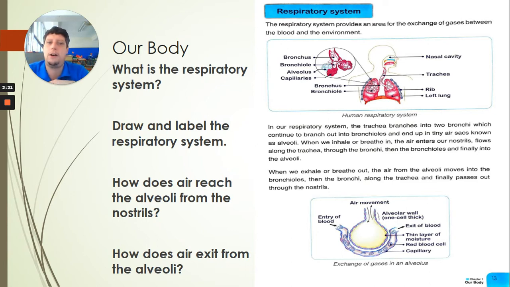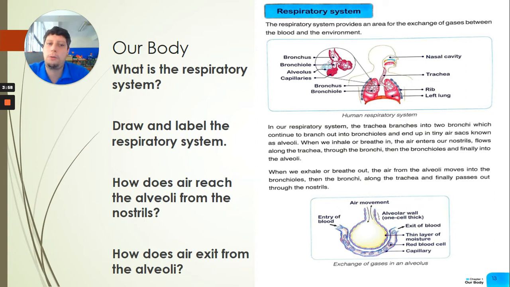After that, it goes into different sacs, and the different sacs are known as alveoli, which is the alveolus up here, okay? They're the different sacs. When we inhale or breathe in, the air enters our nostrils, flows along the trachea, through the bronchi, then the bronchioles, and finally into the alveoli. So that's the full system that it takes.